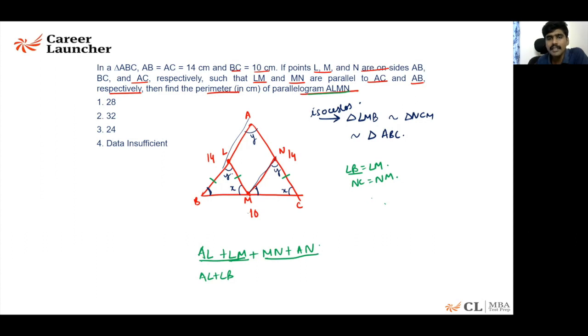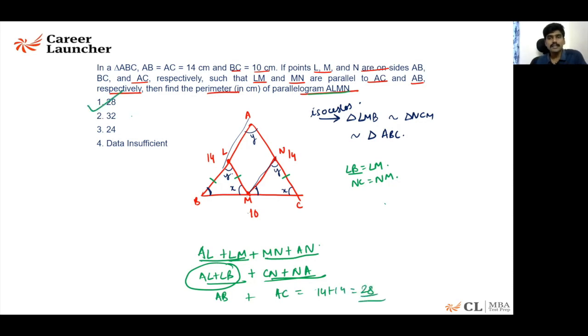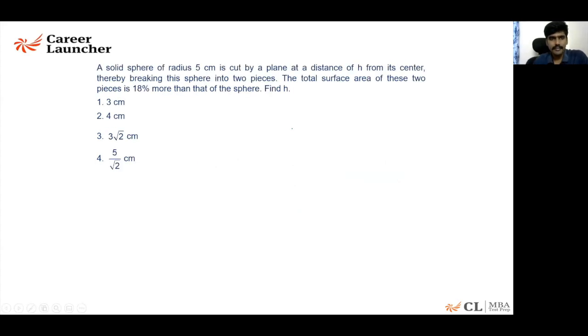And the second part, MN is equal to NC, so CN plus NA. So AL plus LB is nothing but AB itself, and CN plus NA is nothing but AC itself, which will add up to give you 14 plus 14, 28 itself. So the perimeter of this parallelogram is going to be 28.